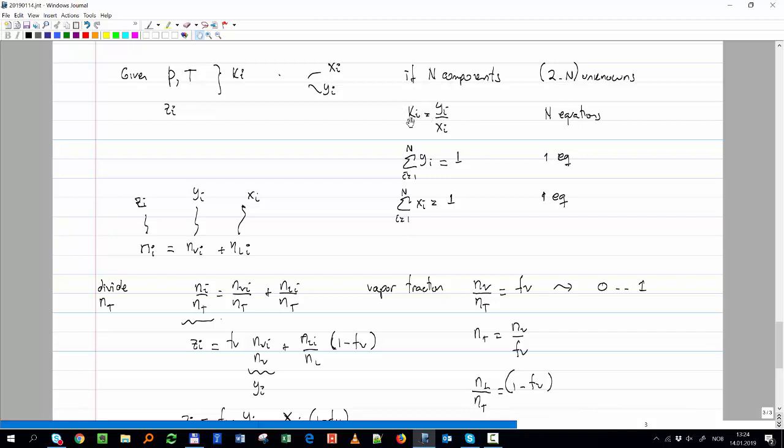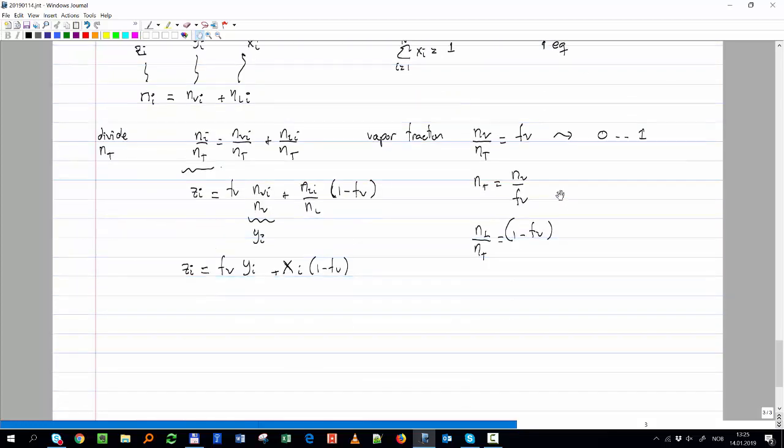If K is given, because someone did the job in the lab to measure all of these points, to measure this curve, this equilibrium ratio, then we have n equations. We have this K for methane, propane, and heptane, so we have 3. We know that the sum of these numbers should equal 1, and also the same thing with Xi. So here I have one equation.